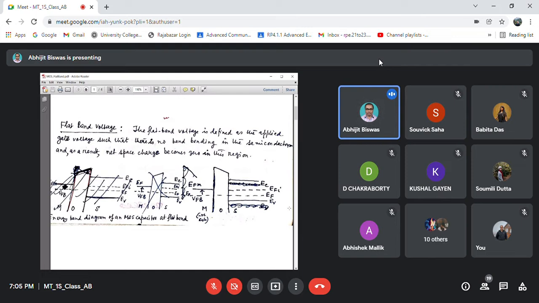Then if you go down by an amount of Eg, you will find this horizontal valence band, the top of the valence band. And again EFi, this dashed line, the intrinsic Fermi level, is also horizontal. And you will see the Fermi level EF. So this band diagram refers to the flat band condition.